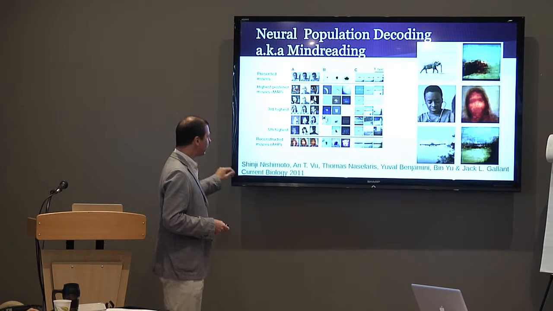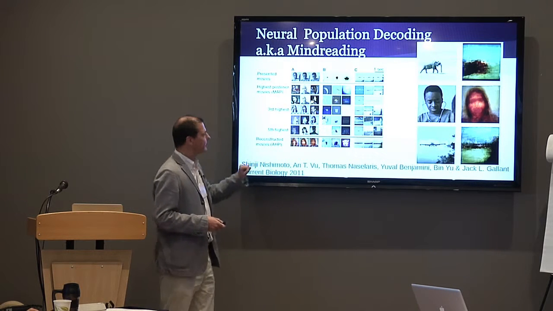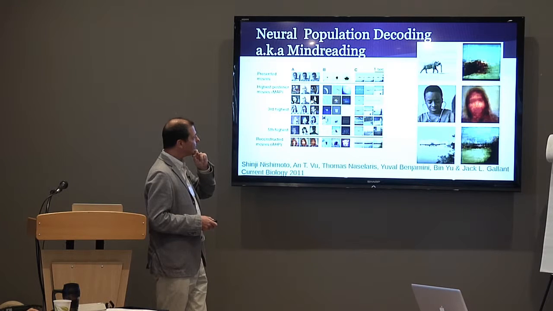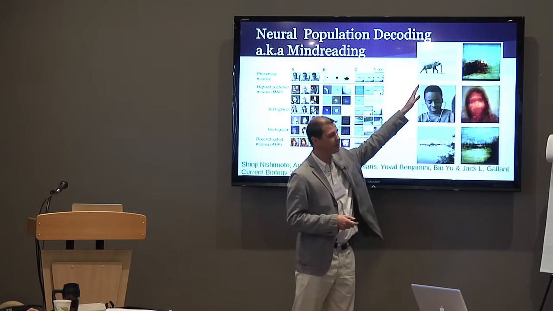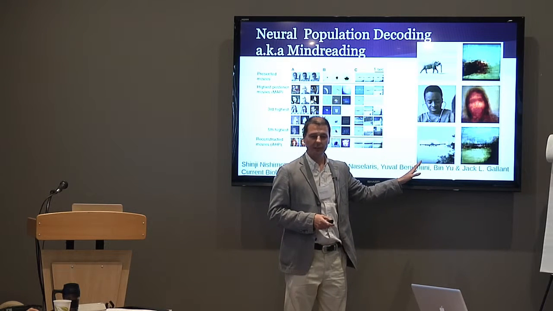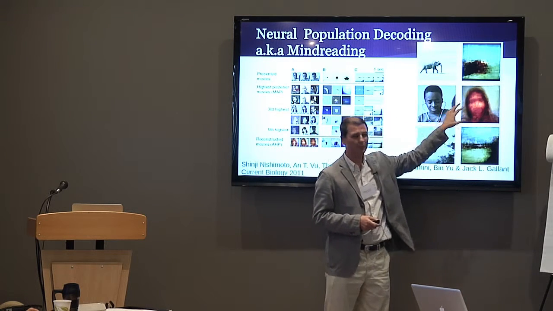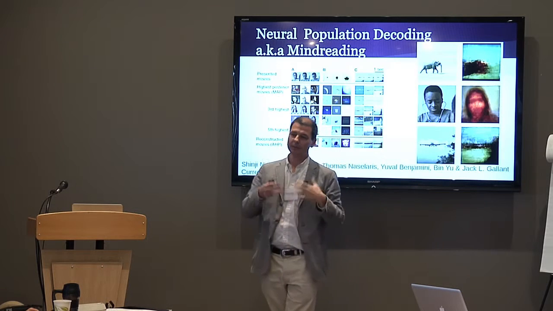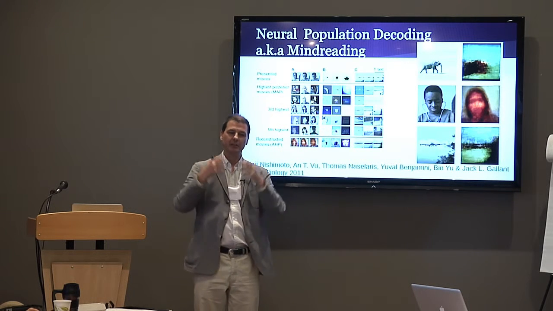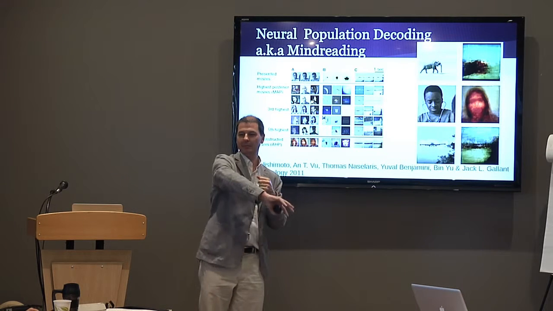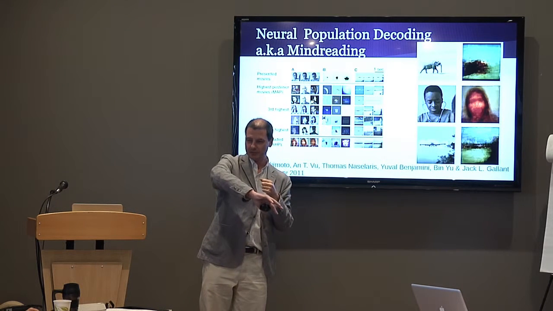So the Gallant Lab at Berkeley did this amazing study in 2011 where the image on the left is the image as presented to a subject in a scanner. The image on the right is that image reconstructed by a computer program that can interpret the brain images collected in the scanner and map them back to the image, right?